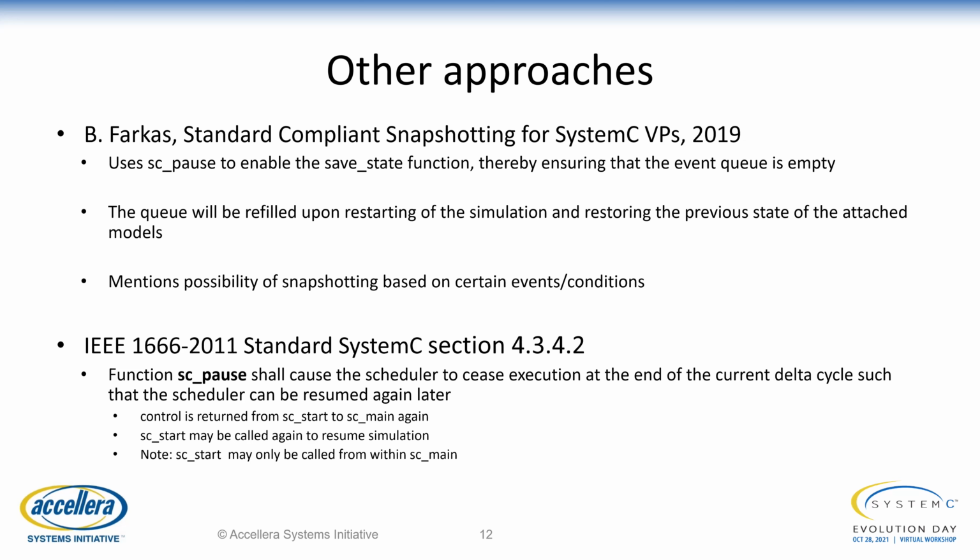So when you look in the standard, in section 4.3.4.2 to be exact, it states that we can use sc_pause to cause the scheduler to cease execution at the end of the current delta cycle, such that it can be resumed later. Which is exactly what I want. So basically, on an application breakpoint hit in my ISS model, I can go to the paused state.